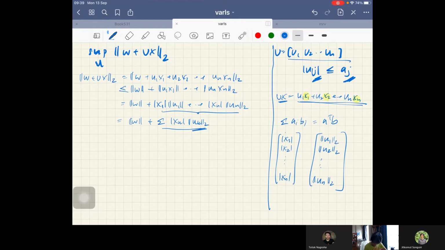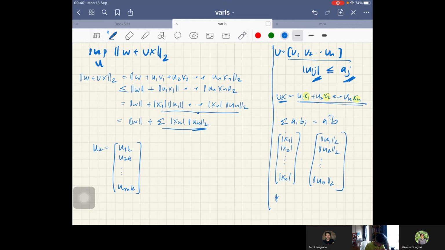Now what I'm going to do is consider the column k of U. So I have u1k, u2k, dot dot dot, umk, because I have m entries.